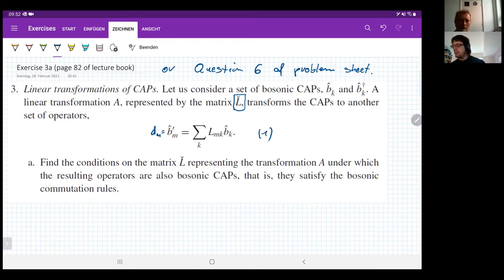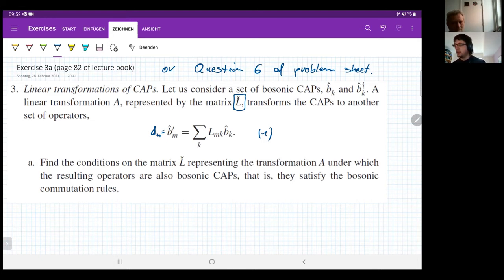These linear transformations of the creation and annihilation operators will become very useful at a later stage, especially when working with quasi-particles, because we will transform from one particle, typically this B represents a real particle, into a quasi-particle which can have a different physical meaning, which helps us solve our problems.